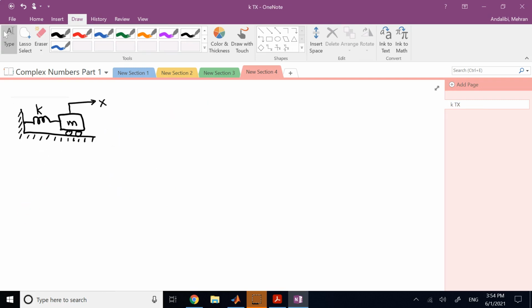There is no external force. You give it some initial condition of x of 0 equal x naught, and you release it from rest. So x dot at time 0 is 0. You just move it a little bit off equilibrium and let it go. You want to know what kind of motion x of t this object will experience.